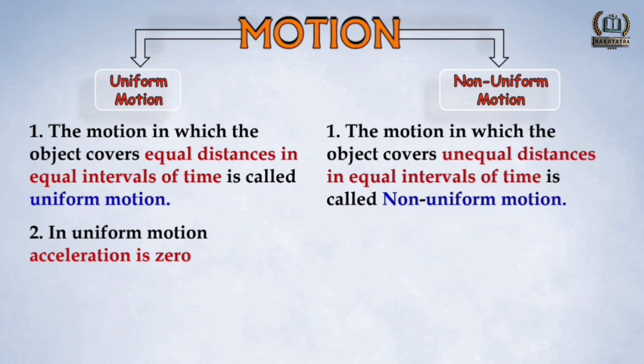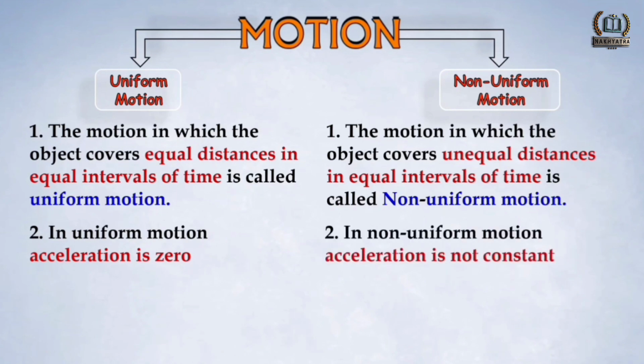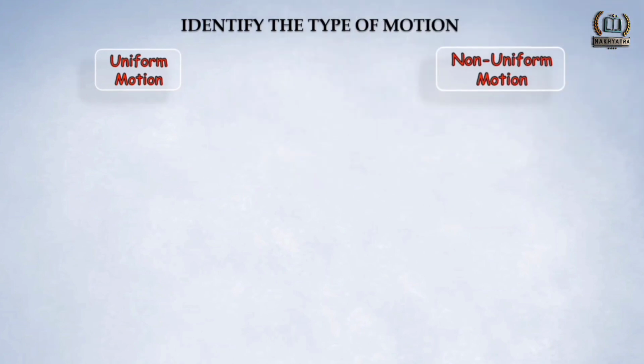Now see the second point for uniform motion. In uniform motion, acceleration is 0. So the acceleration is 0 in case of uniform motion. But in non-uniform motion, acceleration is not constant. Now identify the type of motion, uniform motion or non-uniform motion.